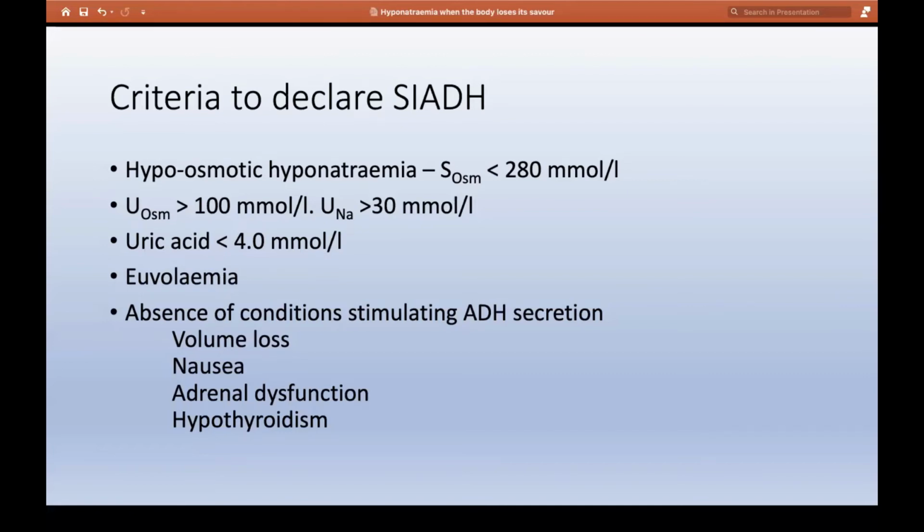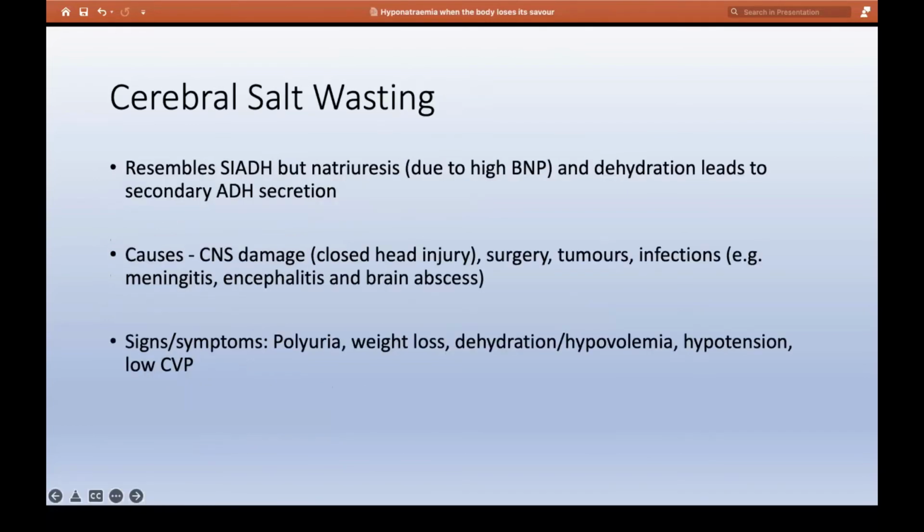Also, you need to see whether the patient has underlying hypothyroidism or even Addison's disease. That's where you need to do thyroid levels and cortisol.